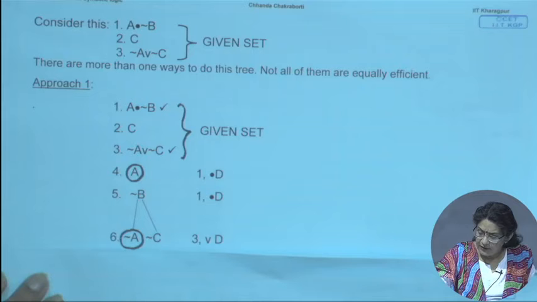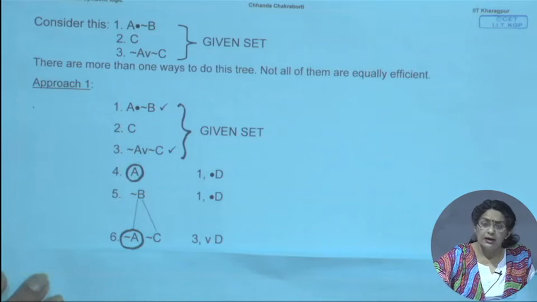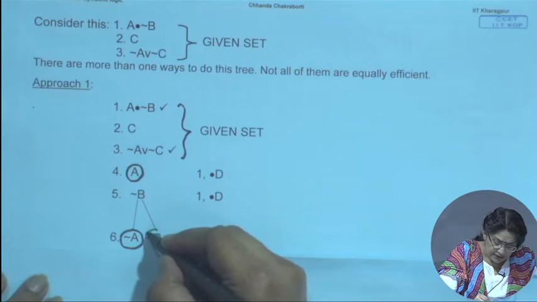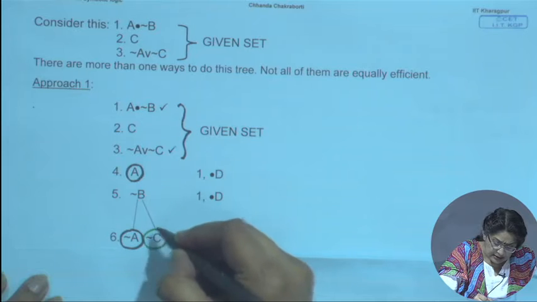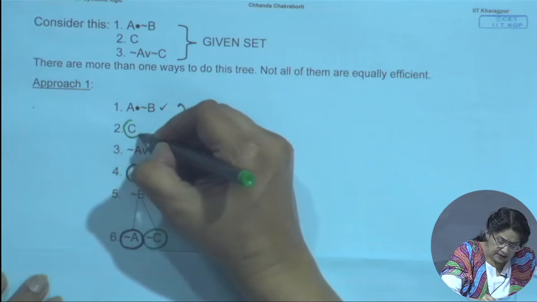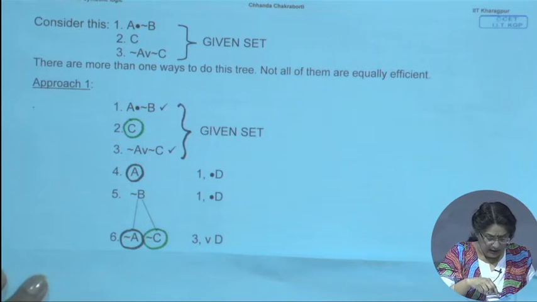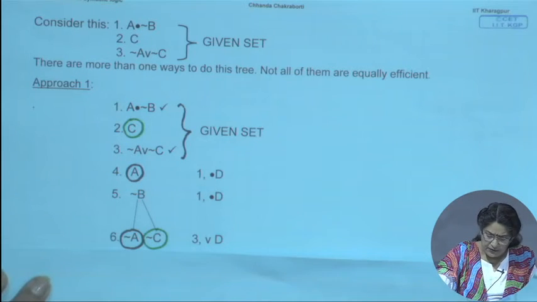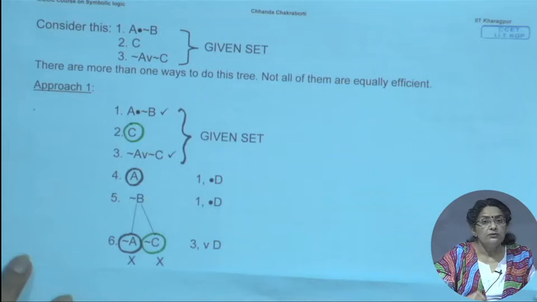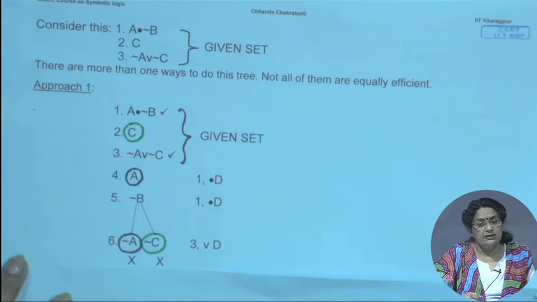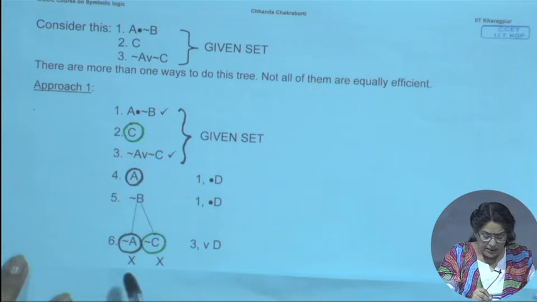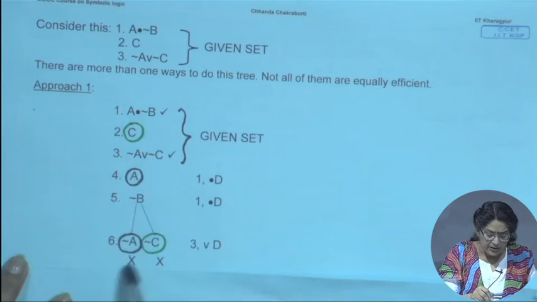Here you found a contender: tilde C and C. What happens here? The branch closes down. Under each of these branches you put the cross sign. Remember, the cross sign indicates that the branch is closed.